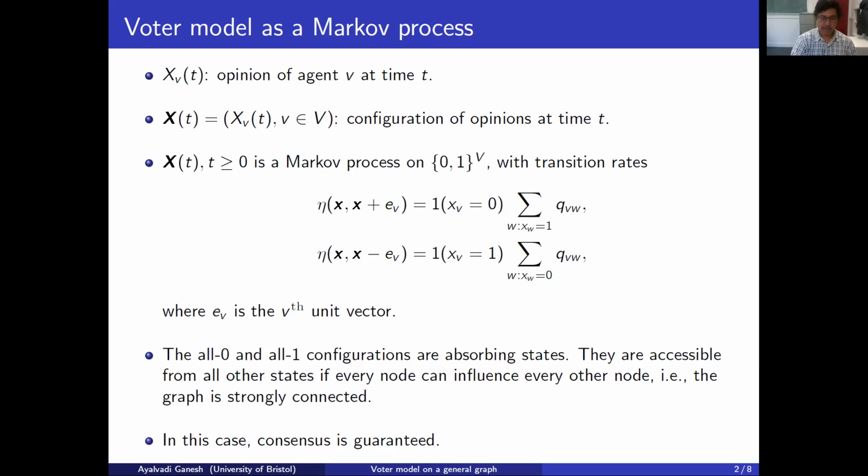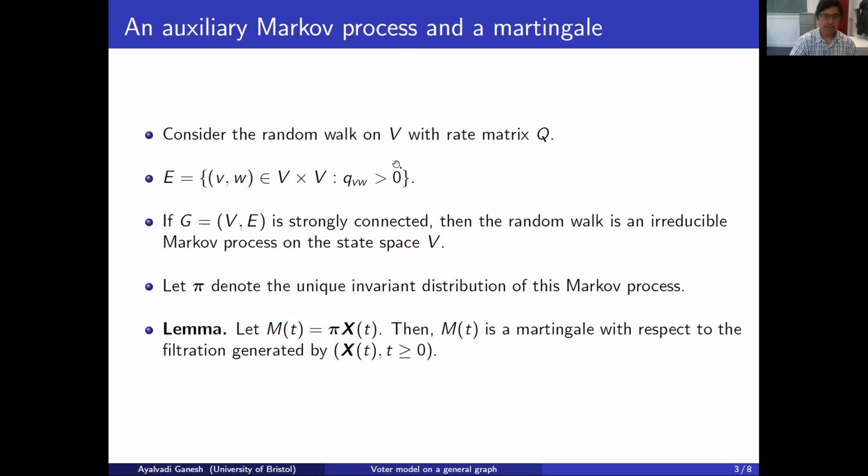And we are going to analyze this Markov process using an auxiliary Markov process, which is a random walk on the vertex set. The state of the random walk is the position of the random walk at time t. And so the position is some vertex in the vertex set, and there are n vertices.